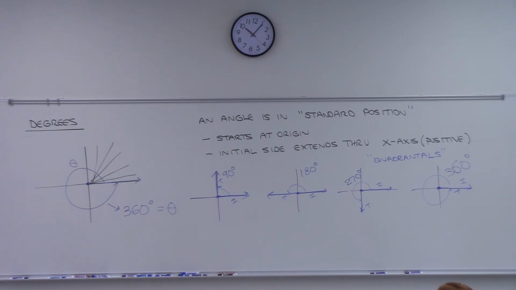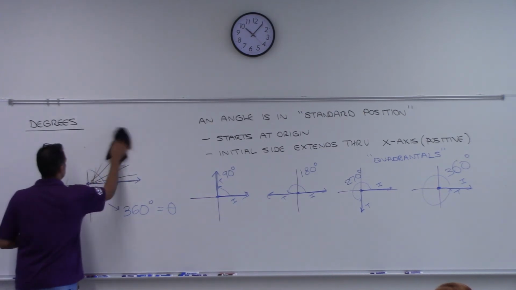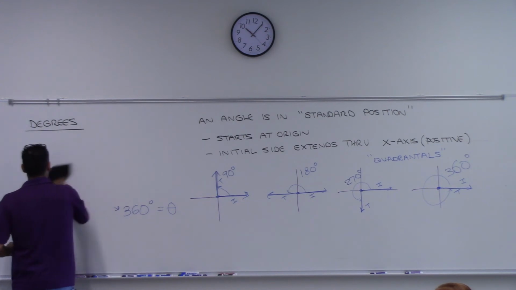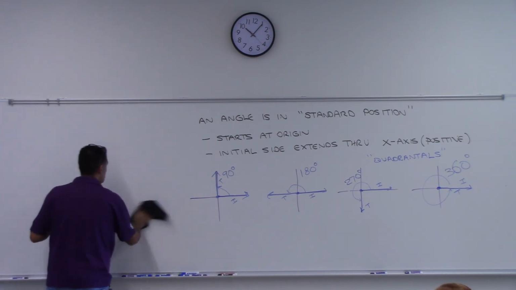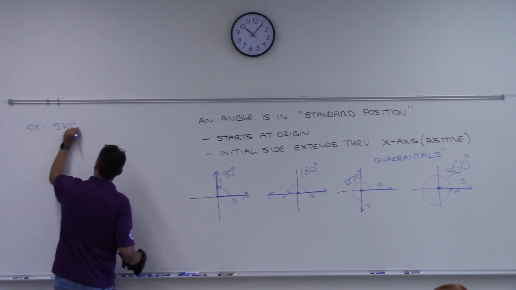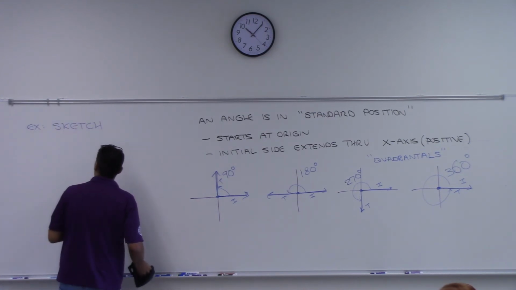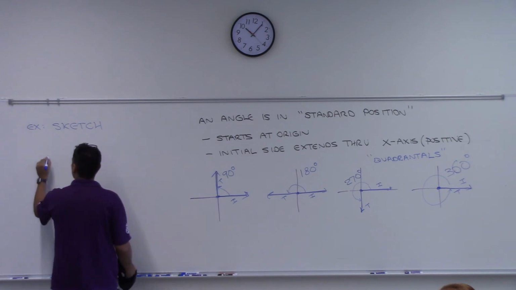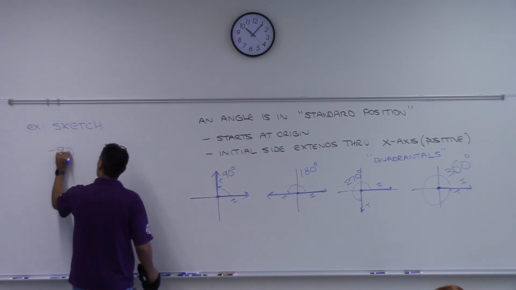I know this is a lot of stuff you've seen, but let's do an example just to make sure you're good. I want us to draw some angles in standard position. So sketch these angles in standard position. Let's go with negative 90 degrees.